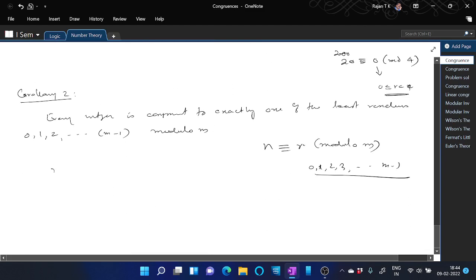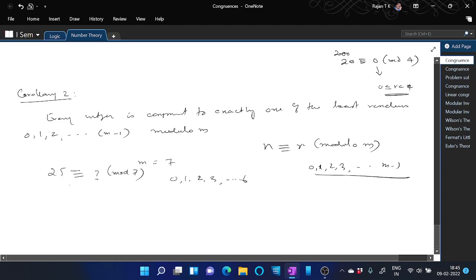For example, if you take 25 and m equal to 7, then clearly 25 is congruent to one of the numbers 0, 1, 2, 3, etc., up to 6 modulo 7.